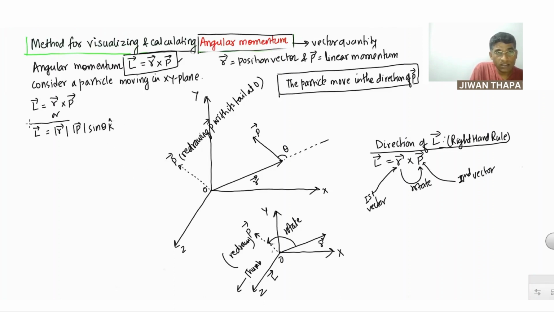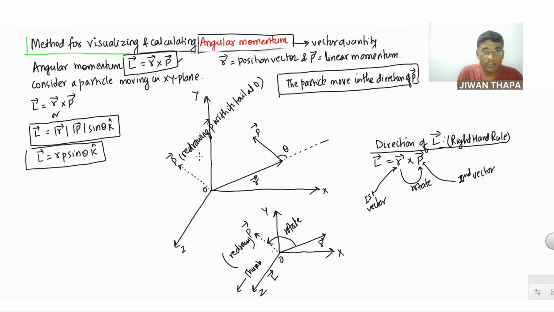We can write angular momentum in vector form in this way, or simply we can write in this way. So what is k cap? It is the unit vector acting along z-axis. We know i cap is the unit vector acting along x-axis, j cap is the unit vector acting along y-axis, and k cap is the unit vector acting along z-axis.